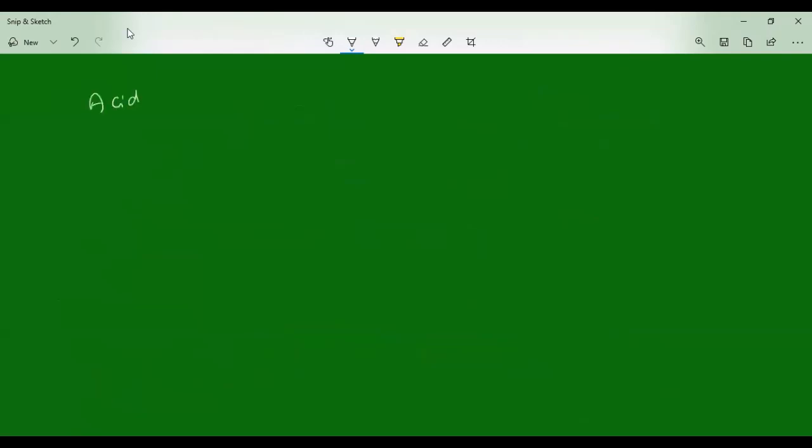The process is called acid catalyzed aldol condensation reaction. And in this condensation reaction, we're going to see the formation of phorone. The compound name is phorone.